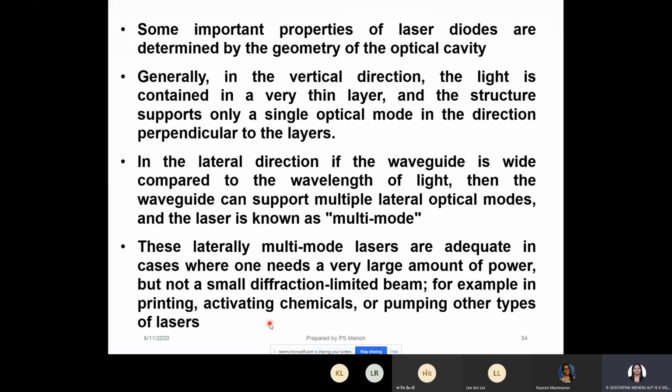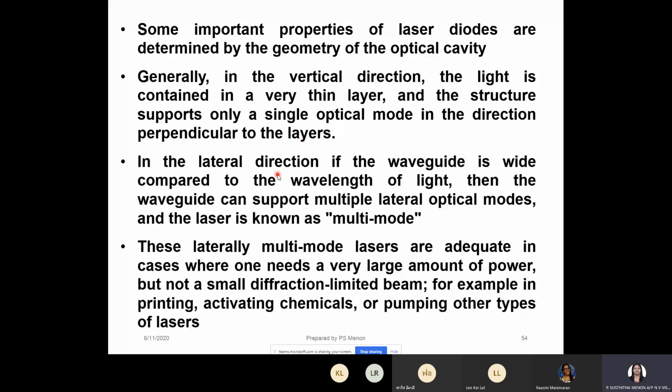Some important properties of laser diodes are determined by the geometry of the optical cavity. In the vertical direction, the light is contained in a very thin layer, and the structure supports only one single optical mode perpendicular to the layers.